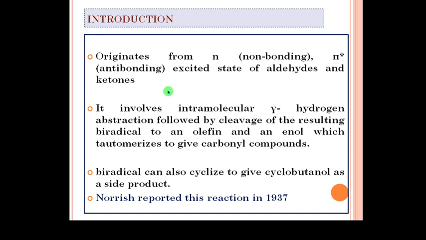Any carbonyl compound which possesses a gamma hydrogen can be selected for this reaction. And this was reported by Norrish in the year 1937.